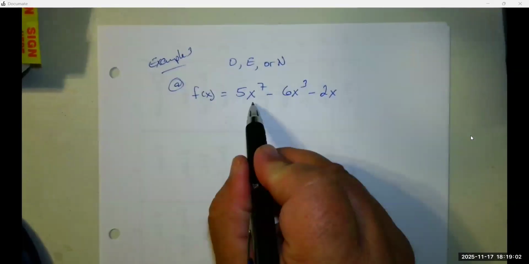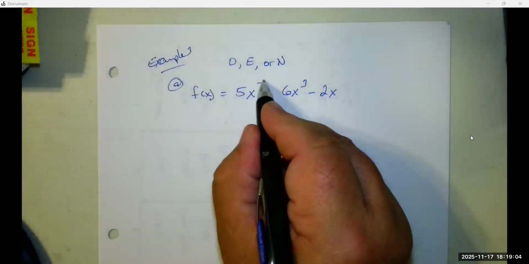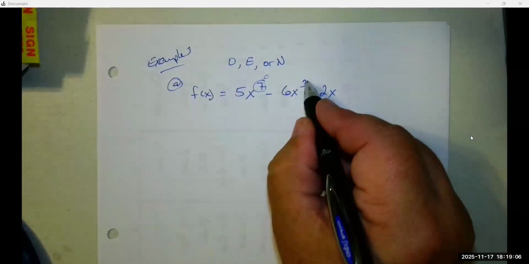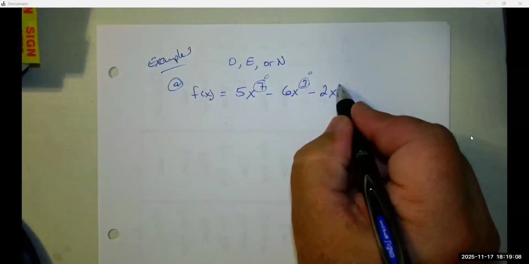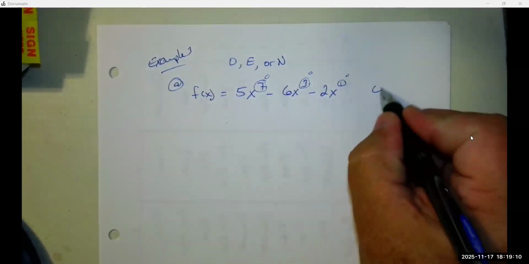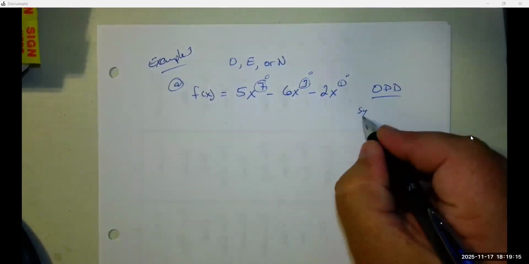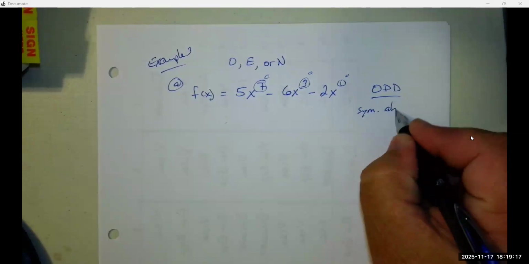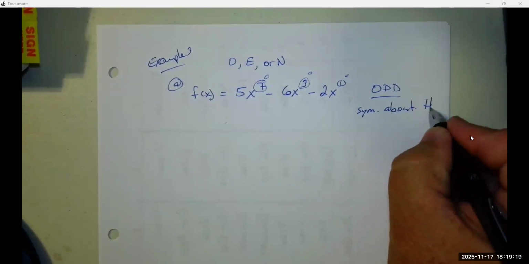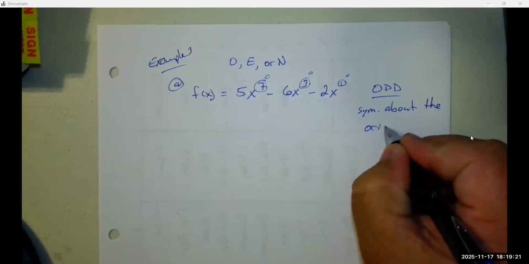We have 3 variables. It's a 7, odd, 3, which is odd, and a 1, which is odd. So this is an odd function. So therefore it's symmetric about the origin.